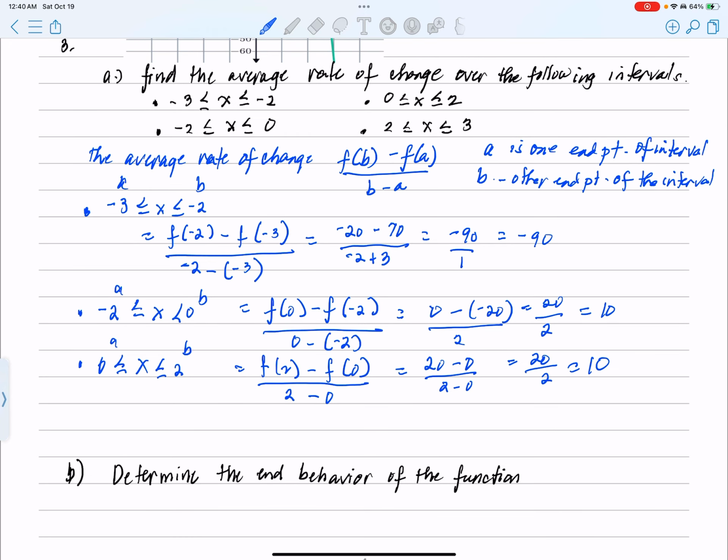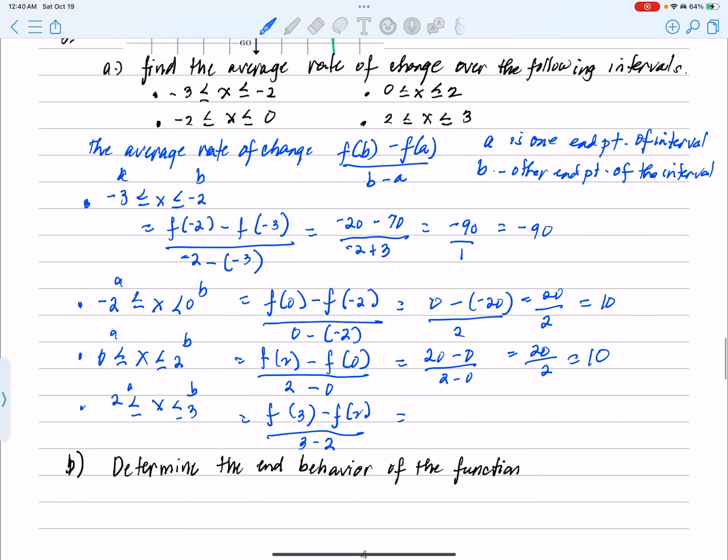And the last interval, we have 2 to 3. So B and A: function of 3 minus function of 2 over 3 minus 2, right? What do you have here?